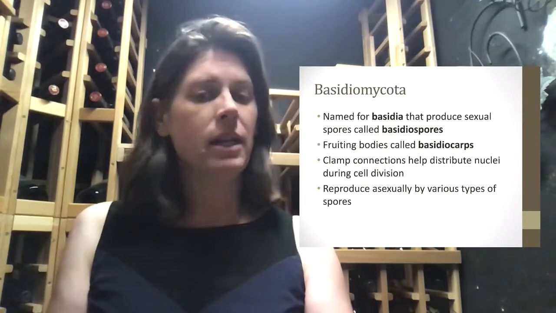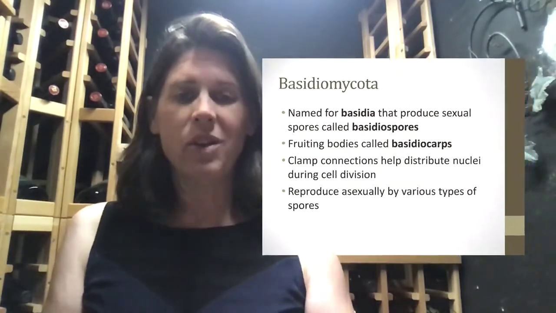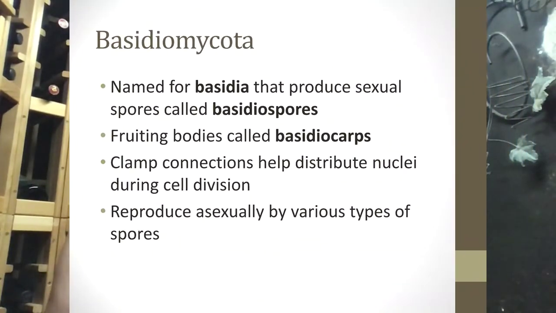Okay, so again, terms. So the structure that grows the spores is called basidia, and then the spores themselves are called basidiospores. Okay, the mushroom is called a basidiocarp.